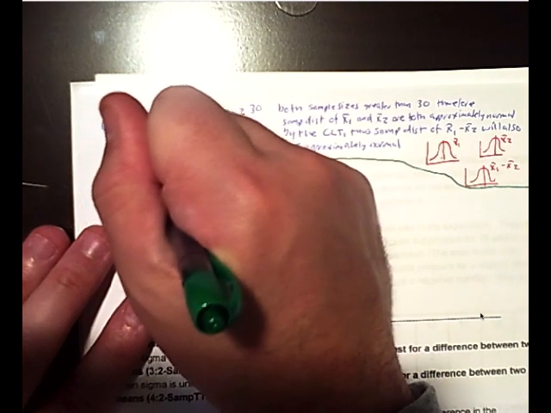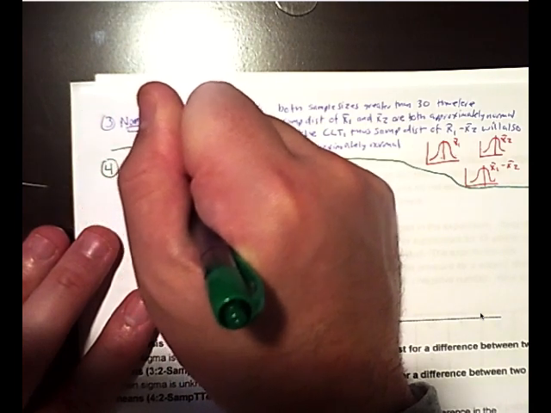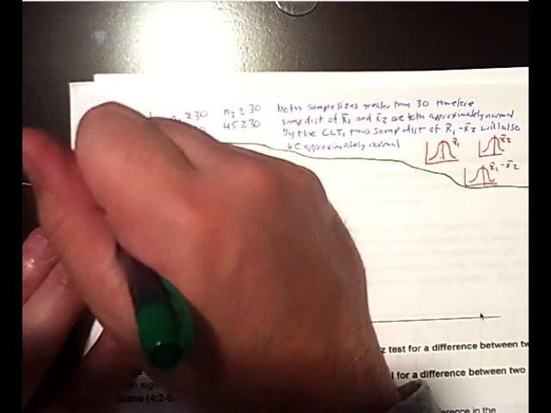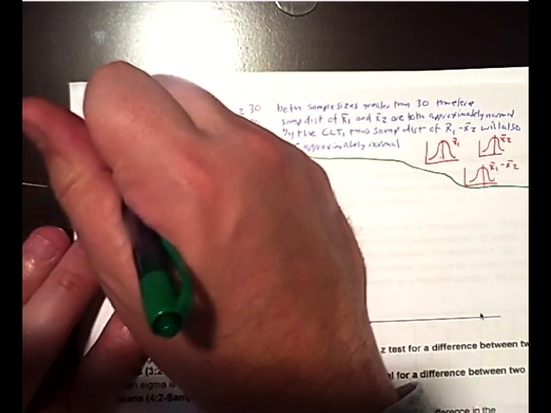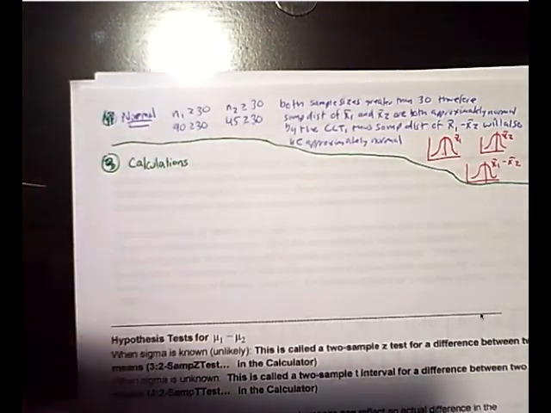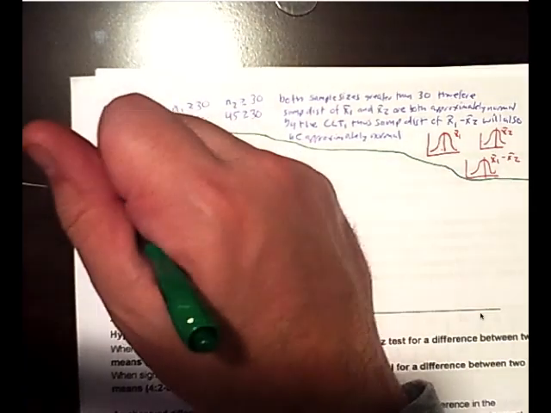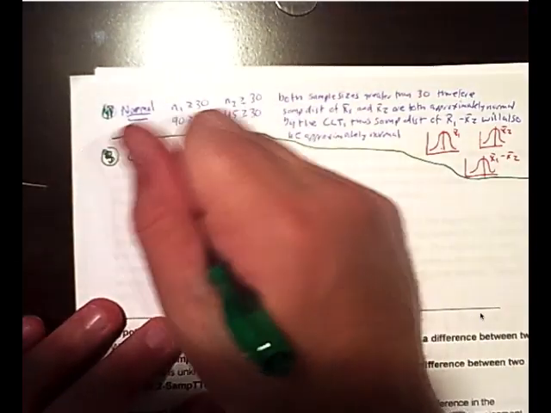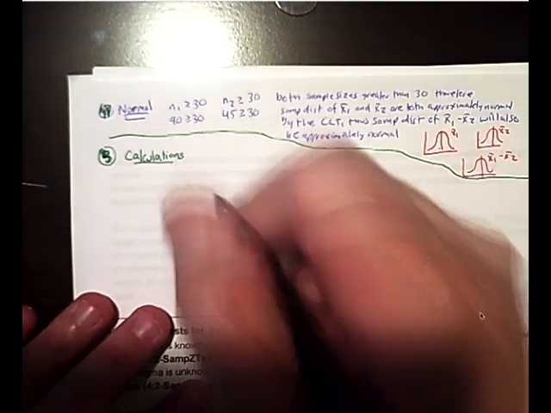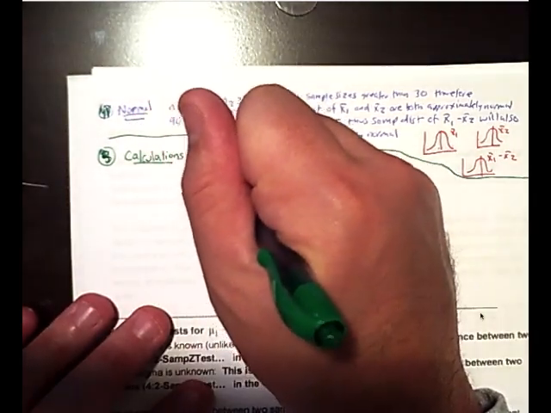So let's go to number 4. All right, let's do a calculations. Or actually, sorry, this is step 3. Step 3 is calculations. Normal is still part of our conditions. All right, so this is a confidence interval. It's a 2 sample.